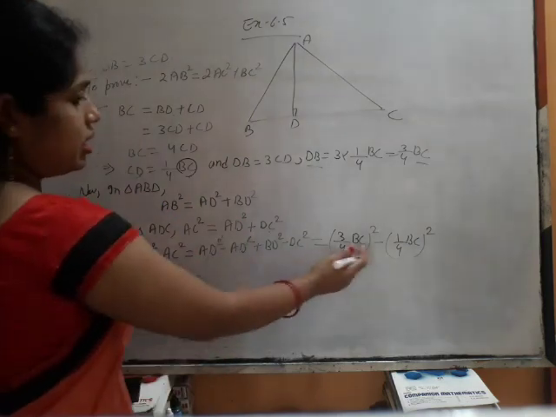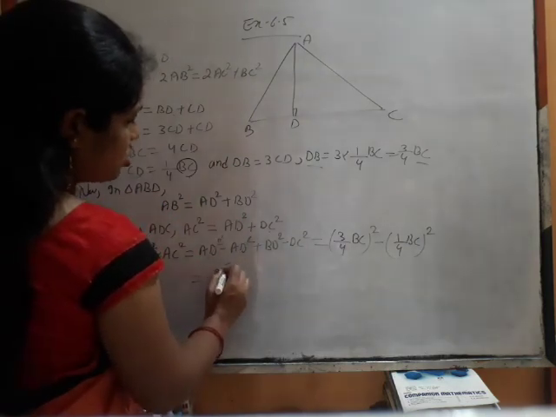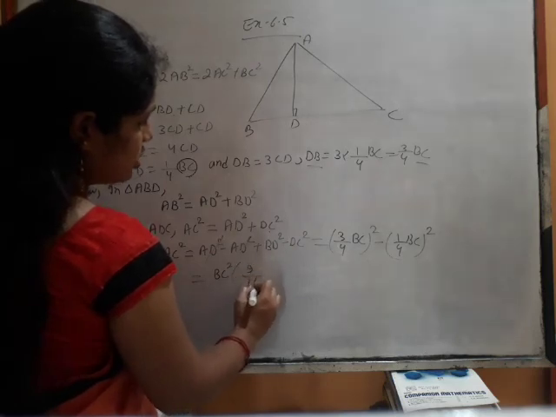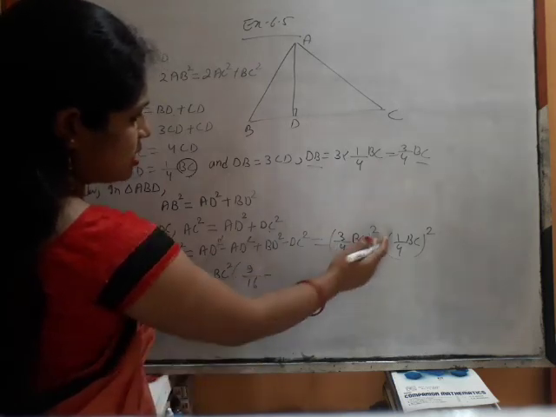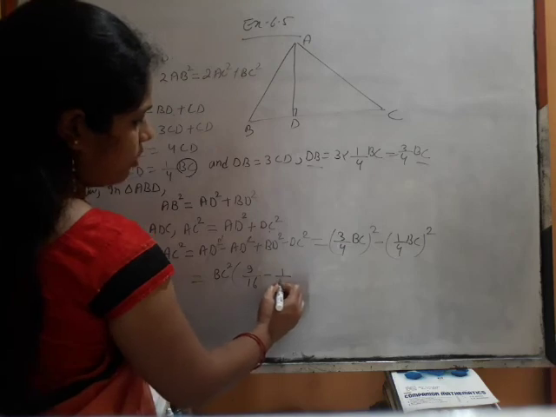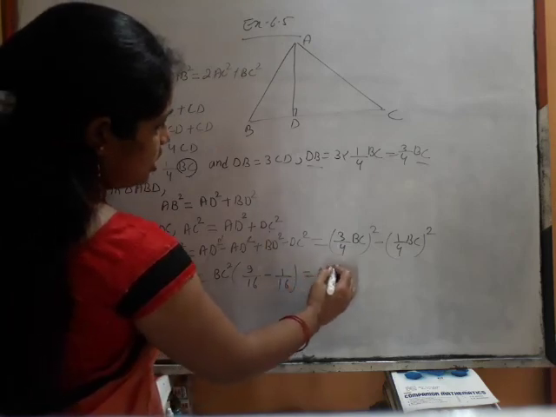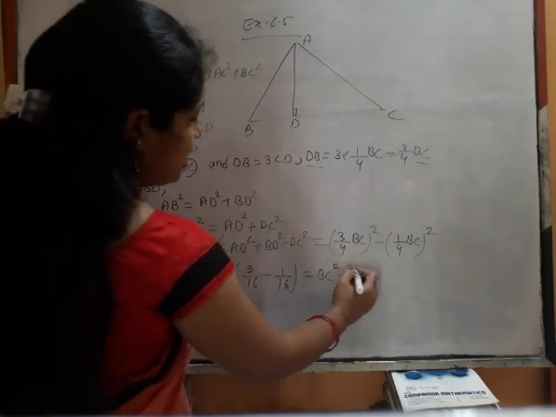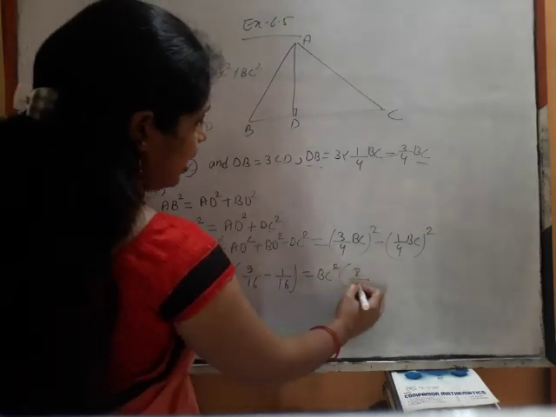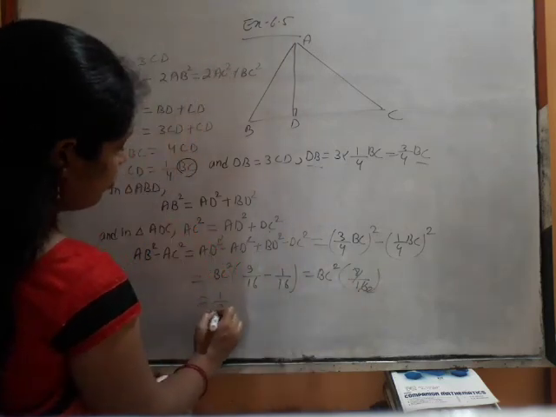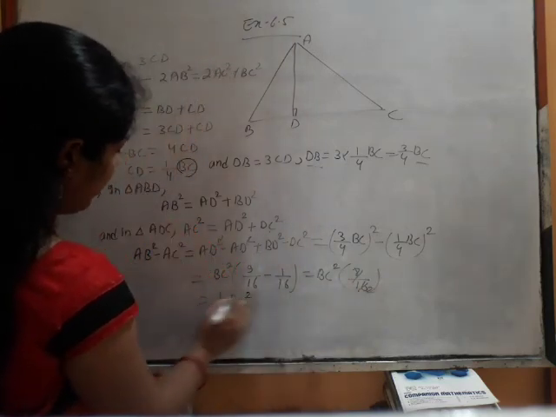Taking BC square as common, 3 3s are 9 upon 16 minus 1 upon 16. So it is BC square into 9 minus 1, which is 8, upon 16. So it is actually 1 upon 2 BC square.